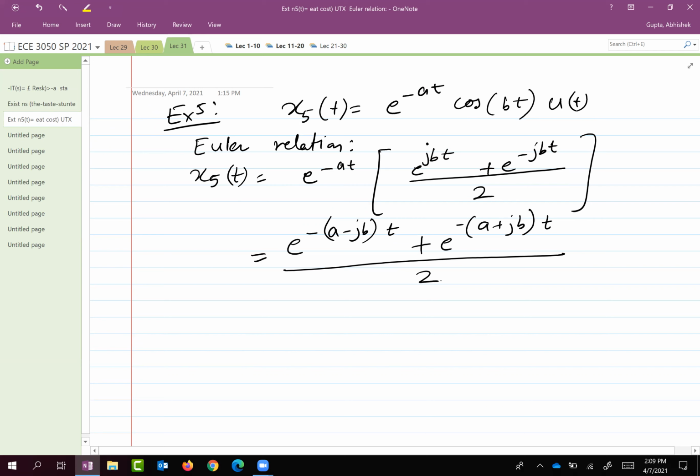So we talked about the Laplace transform of e raised to negative at u(t), but we haven't talked about the Laplace transform of e raised to negative a plus jb t u(t). Oh, I have to multiply it by u(t) everywhere.